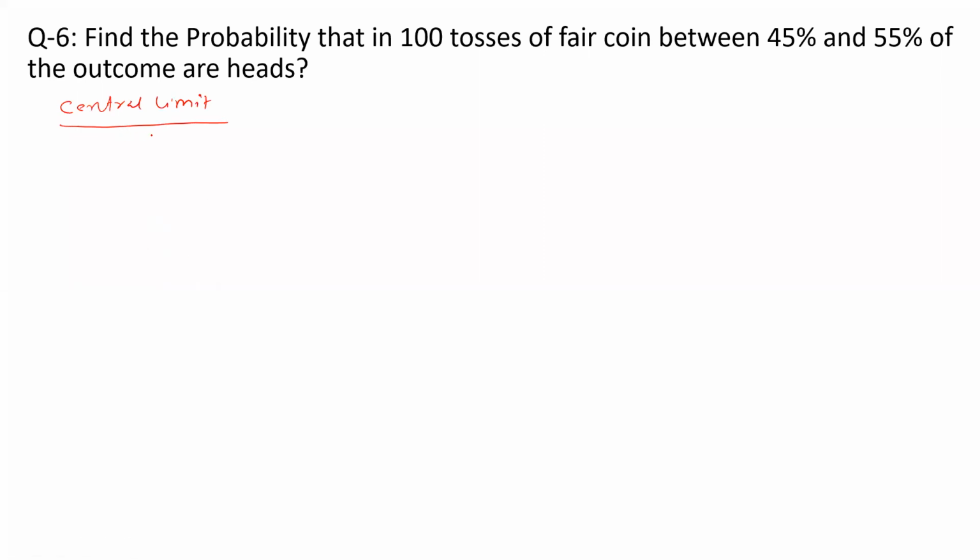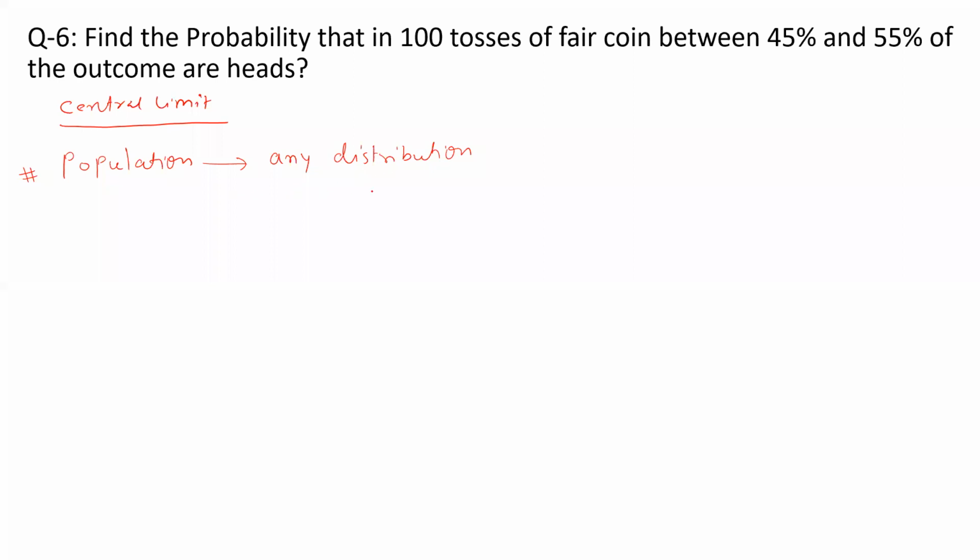In very simple words, whatever population you are dealing with, this population can have any type of distribution. So what I mean by any distribution, we have seen some kinds of distribution.